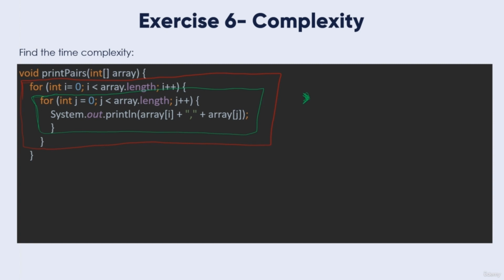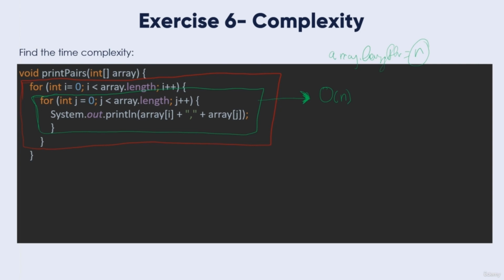Remember, array.length is referred as n. Think about it as n. Okay? And the increment is I plus plus. So this array is going through all the elements from 0 to n. The complexity of this loop is O of n. Okay? So this will result in O of n.